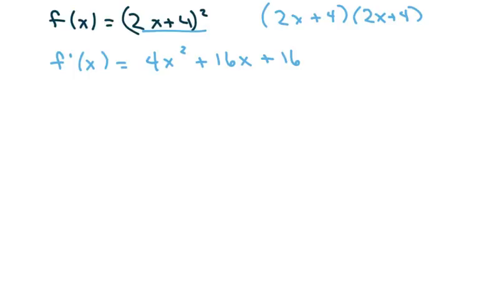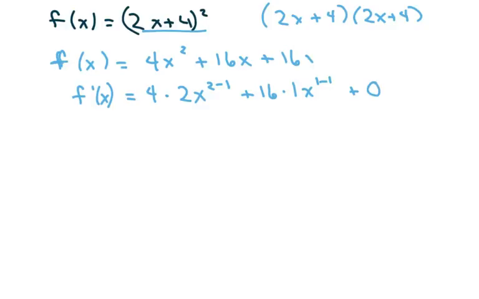All right, now we're going to go ahead and do this. This will be f, I just rewrote it. Now we're going to do the derivative of it. 4 times 2, and then you write your x, and this would be 2 minus 1, plus 16 times 1x, and this would be 1 minus 1, plus 0, because this is x to the 0, and that cancels out.